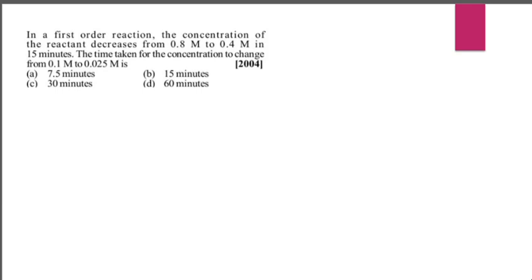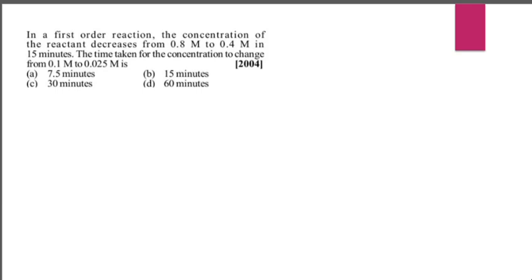It says, in a first order reaction, the concentration of the reactant decreases from 0.8 to 0.4 mole in 15 minutes. How much time will be taken for the concentration to change from 0.1 to 0.025? Now see, first and foremost you need to understand why the examiner has given you this question.